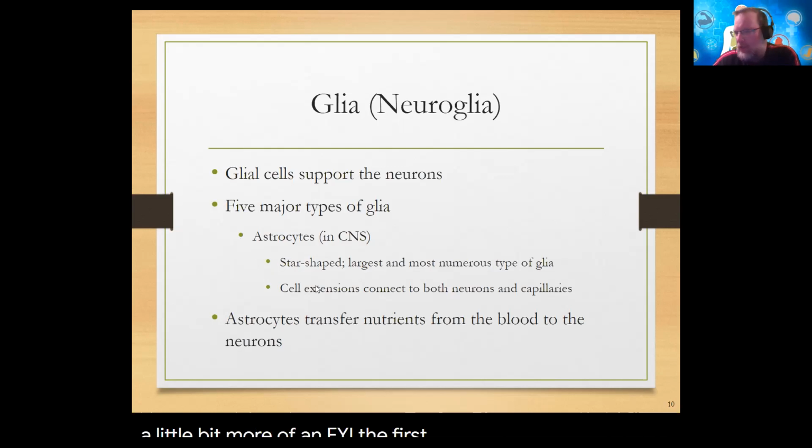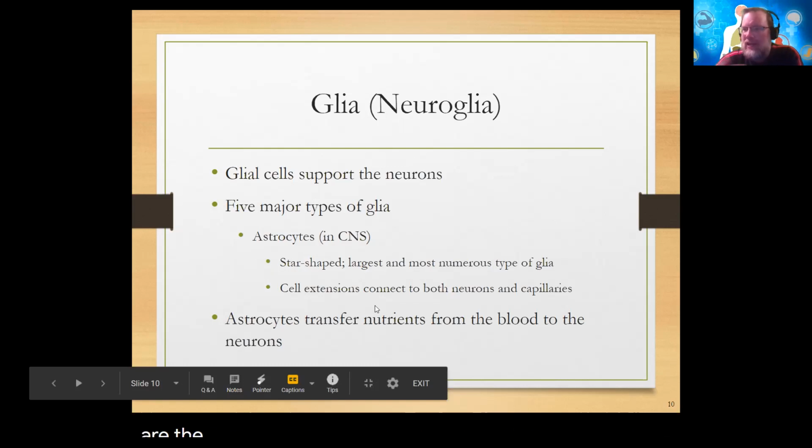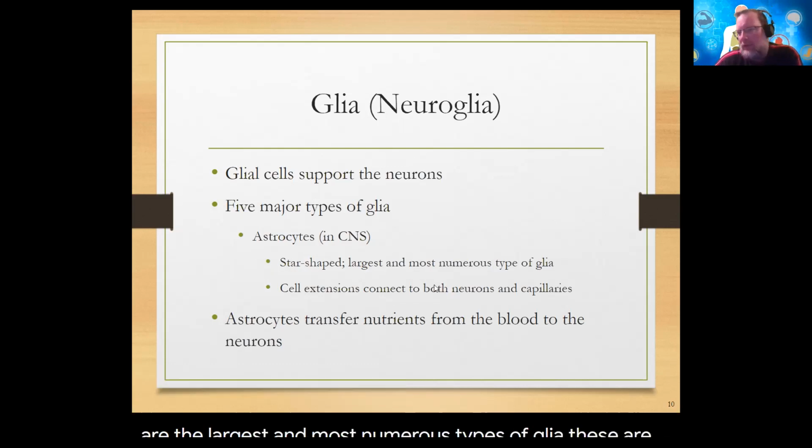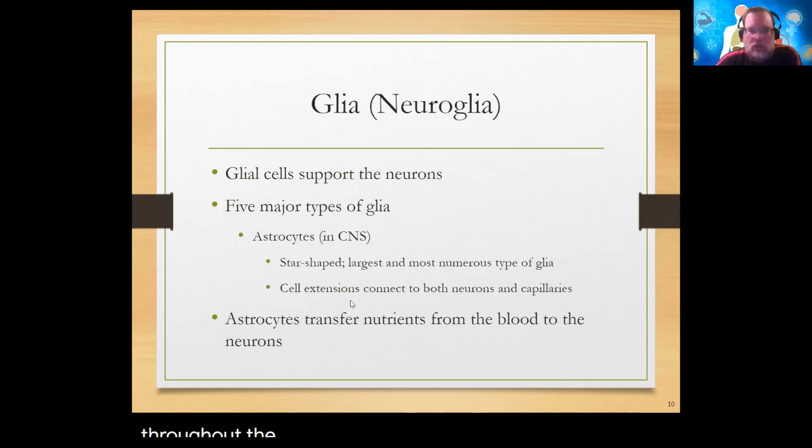The first one, astrocytes. The name of the cell tells you a little bit about it. Astro means star, so we have a star-shaped cell. These are the largest and most numerous types of glia, found throughout the central nervous system, and in large numbers within the brain.